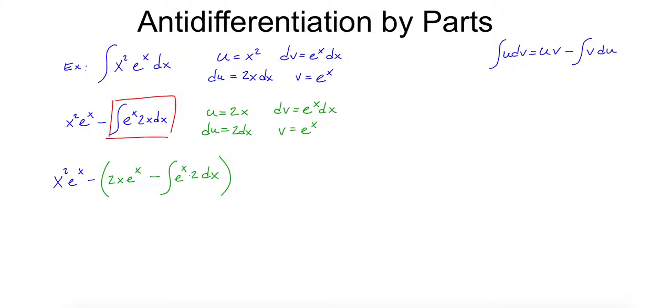Okay, and if we look at this part now, this is an integral that's not so bad, right? I can take out the constant and put that out front. So let's rewrite it so we can see it. We're going to get x squared e to the x minus 2x e to the x. I'm going to distribute that negative, so that's going to be plus 2 times the integral of e to the x dx.